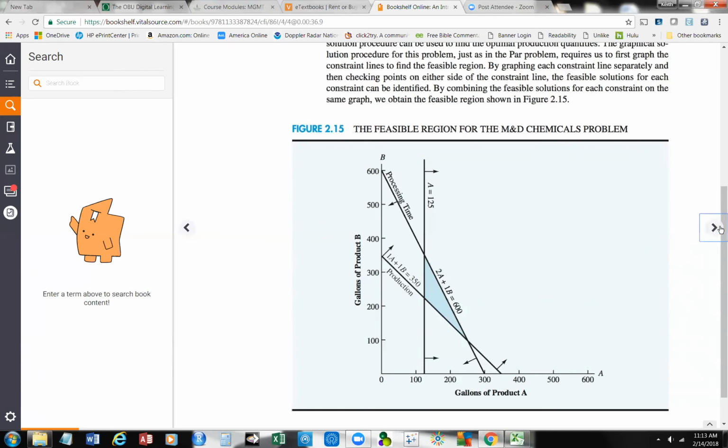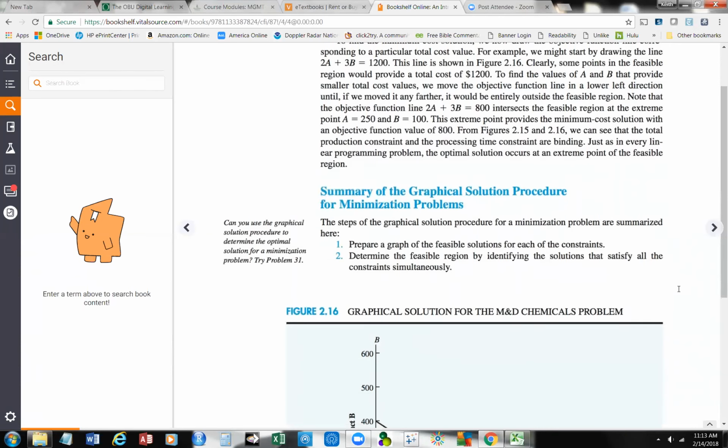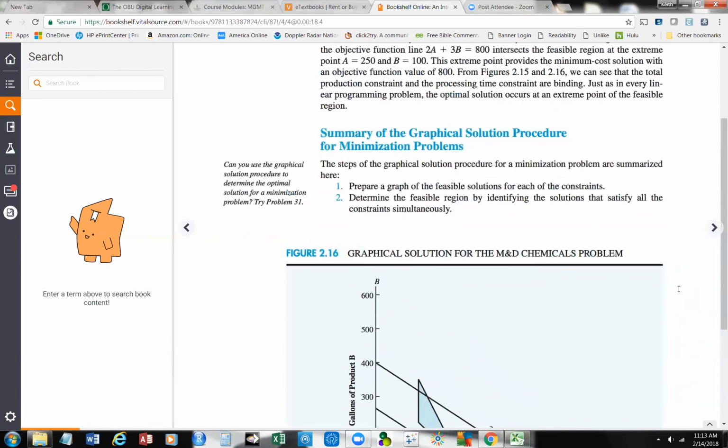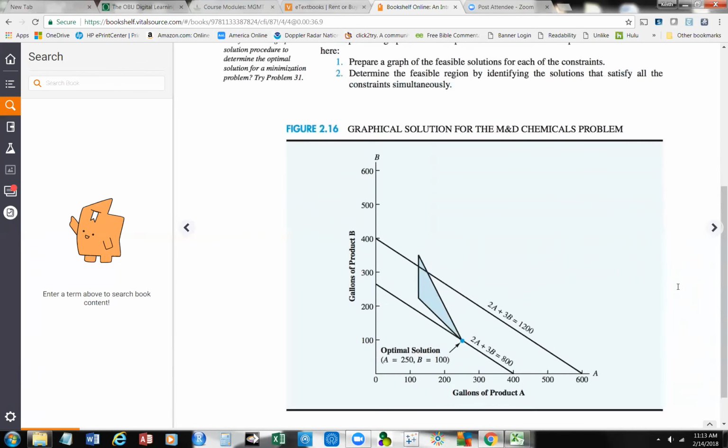Well, let's move over here to the next part of the text, and they give us a summary of the graphical solution procedure. Now look, old school people will sit down and do the linear algebra, and then plug it in. The truth is, it's a cool thing to see, and I guess if it helps keep your mind active, good enough.